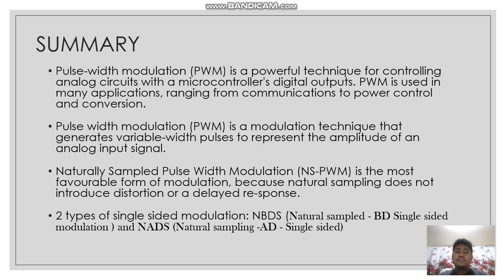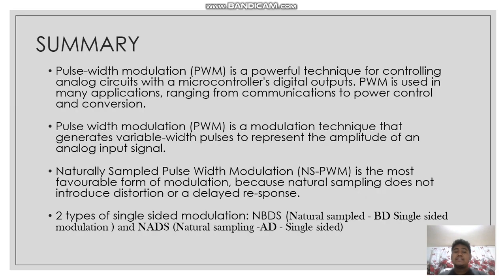Naturally sampled pulse width modulation (NSPWM) is the most favorable form of modulation because natural sampling does not introduce distortion or a delayed response. Next are the two types of single-sided modulation. We have here the NBDS, which means natural sampled BD single-sided modulation, and NADS, which is natural sampling AD single-sided.